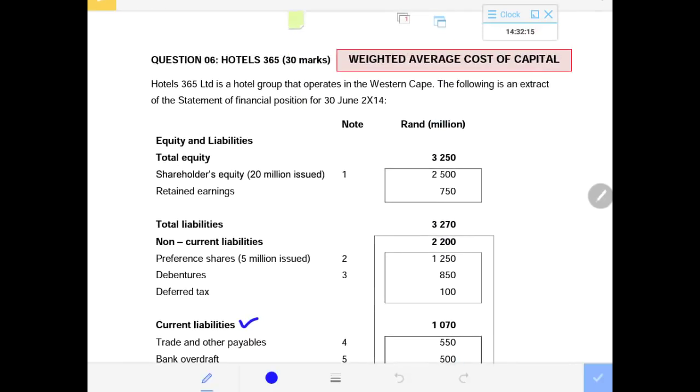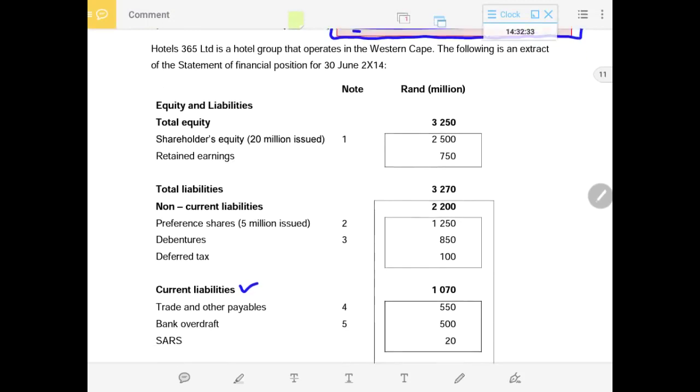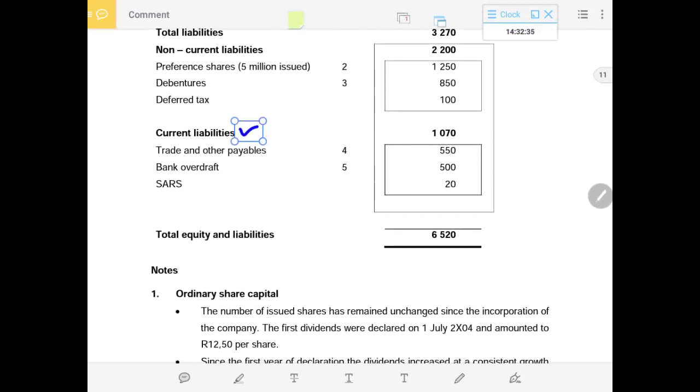On top, it is clearly stated that this is weighted average cost of capital. As I said previously, it is highly likely that in your exams or assessments, they will not tell you that you must use WACC to analyze the financial information presented to you.